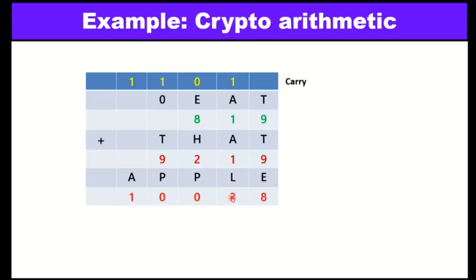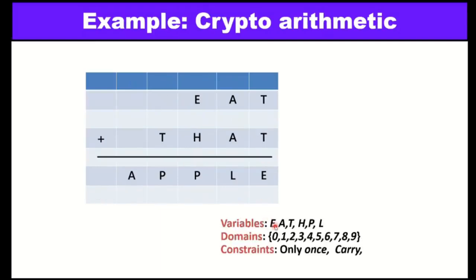Now let us solve this problem. So for example, we start from A. General methods are there. There are many methods. There are many solutions for this also. So the main constraint, do not forget, is that each letter will have only one value and that should be the same throughout the problem. So each number should be used only once.